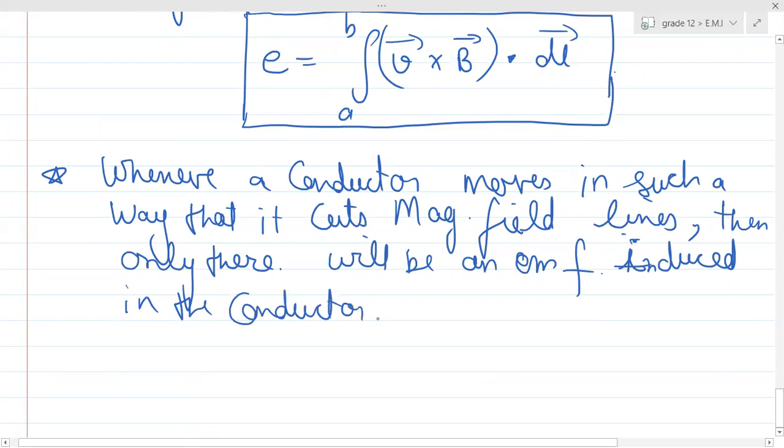So always remember, the lines have to be cut. If the lines will not be cut, then what will happen? There will be no EMF induced in the conductor.